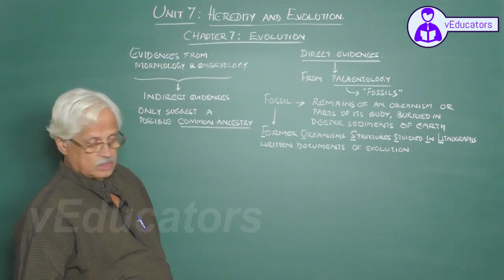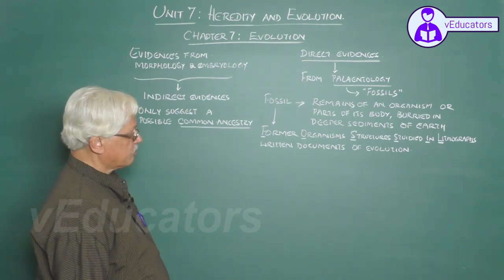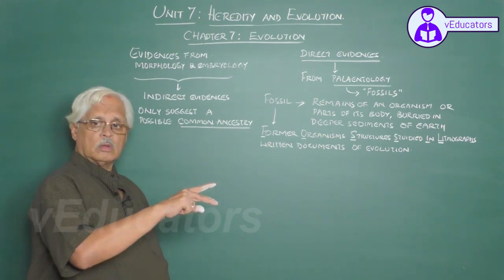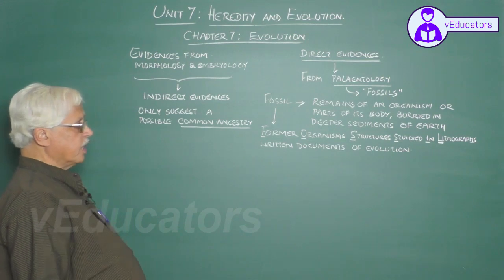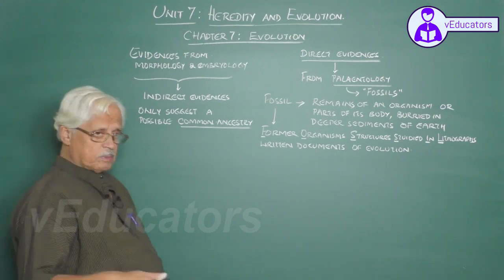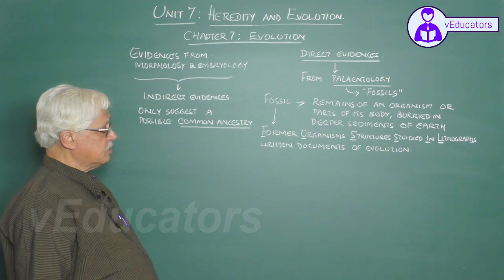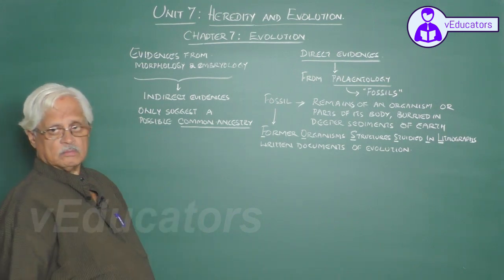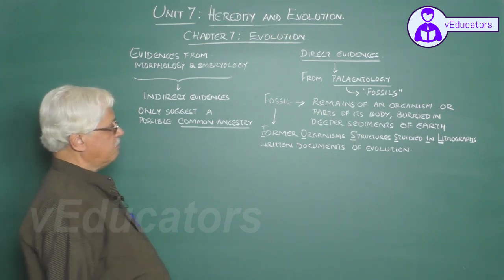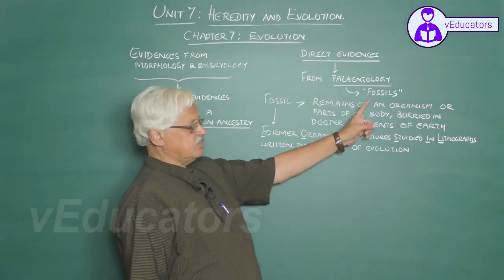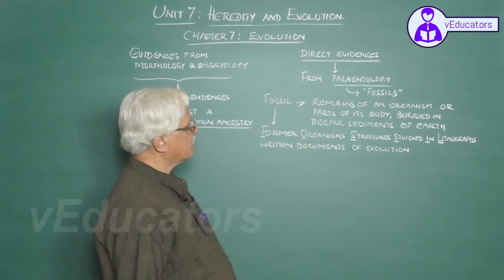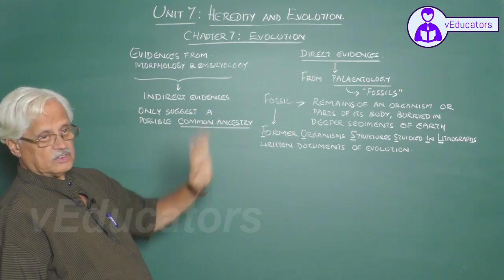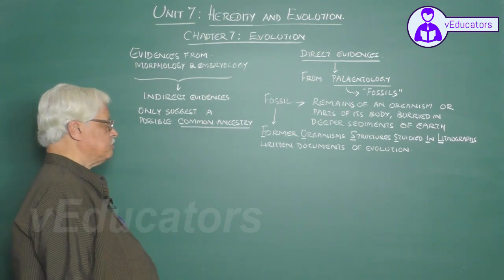There are methods to study the age of the fossil. So when that fossil was formed, what was the situation at that time in the organism, and what is the present status of that organism, what changes have taken place between that period and this period. So everything can be very clearly ascertained from the study of fossils. Therefore, fossils are the only direct evidences for evolution.